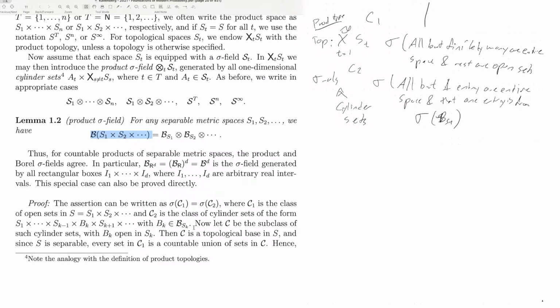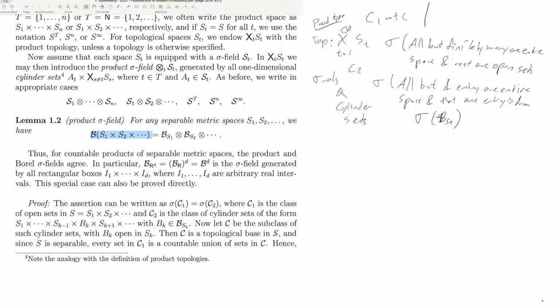Oh yeah, so C is, yeah, that's fine. I don't quite see how C1 is different. I see. So they're basically just changing the finitely many to 1. That's okay. So this is related to C, and C is a topological base in S.